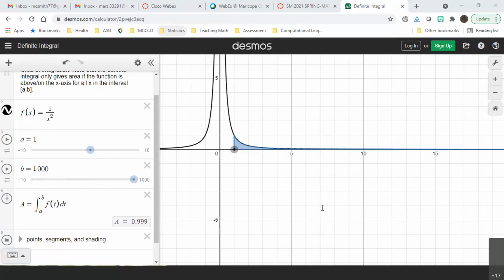So this is a graphical representation of what's happening. You can also do this on a TI-84 since it has a built-in definite integration function in the calc menu. But I just want to make sure, is this idea clear?